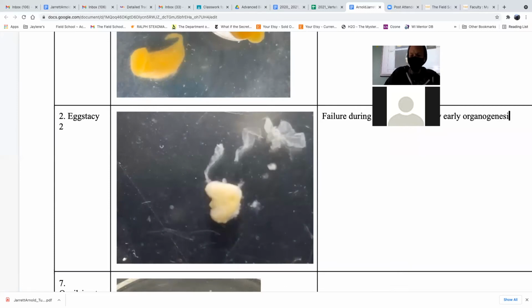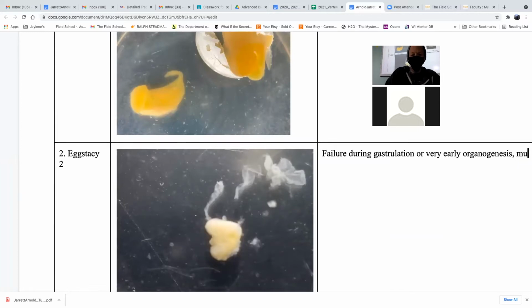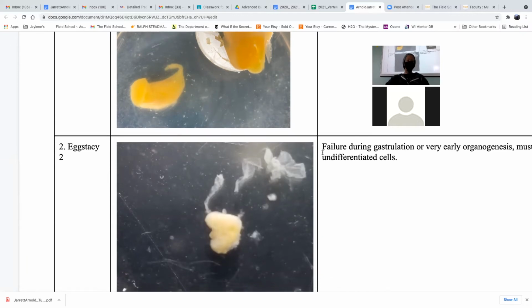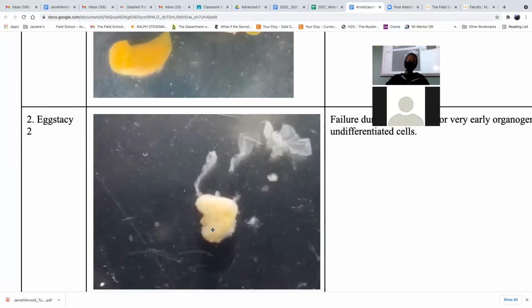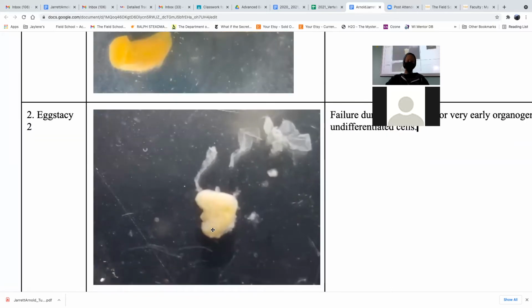I would say that this looks like, to me, mostly undifferentiated cells. So in other words, it could have failed during gastrulation and started making a body, but it had no body plan. Or at least it's not easy to discern different tissue types.